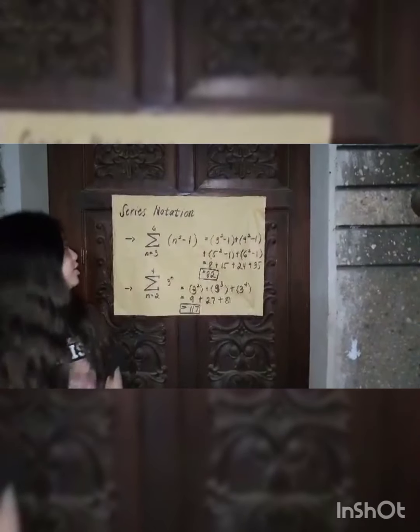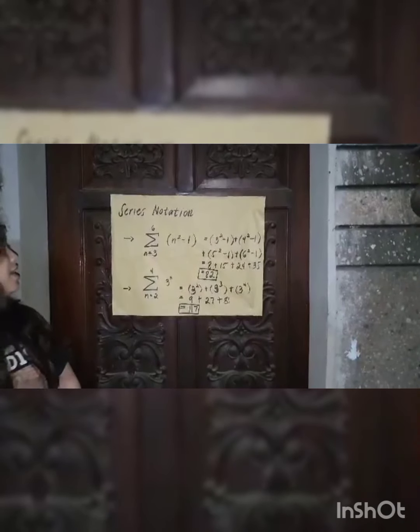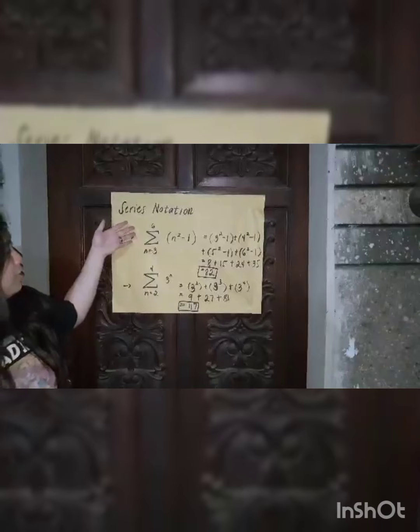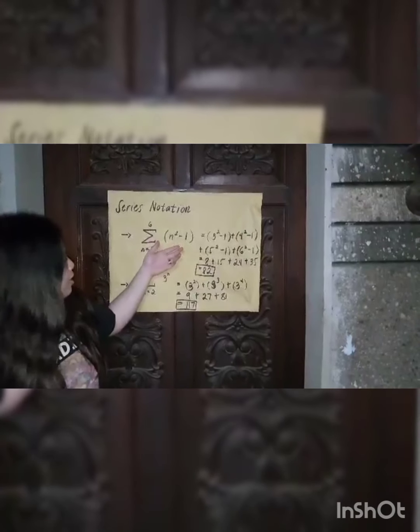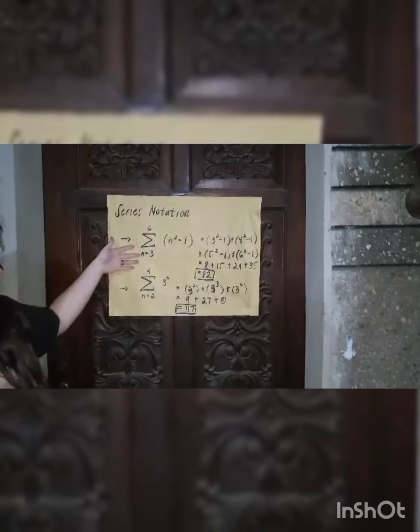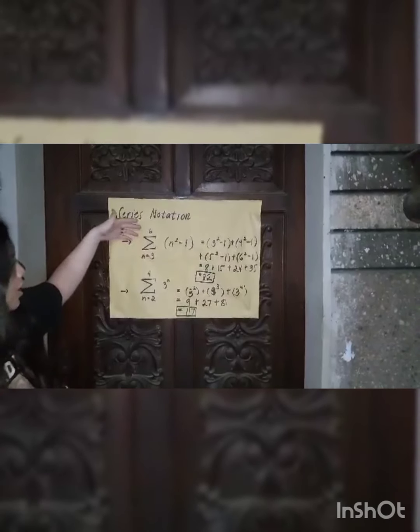Example of series notation. The first example is the sigma notation of n squared minus 1, where n goes from 3 to 6.